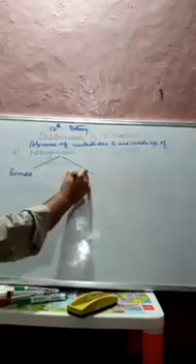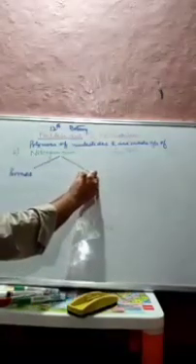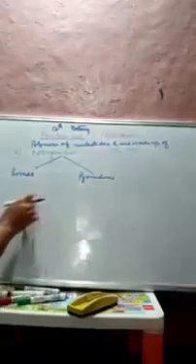First one, purines, and pyrimidines. So nitrogen bases are of 2 kinds: one is purines and another one is pyrimidines.